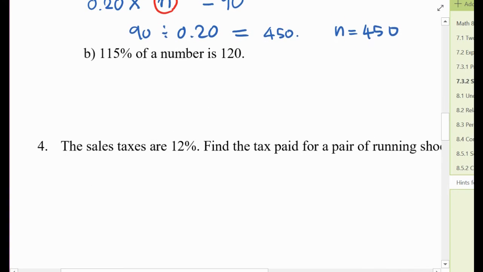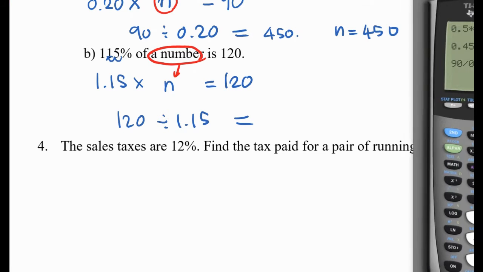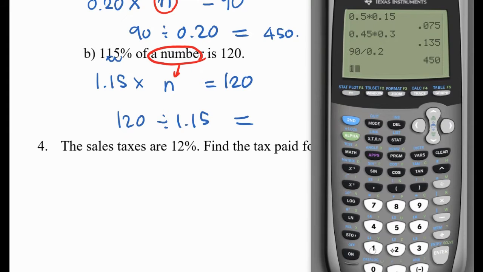Okay, next. 115%. Move 2 decimal places. That is 1.15. Of means multiplication. And we're going to let the number be n is equal sign 120. Okay, again, we're going to divide 120 divided by 1.15. Use your calculator. 120 divided by 1.15.